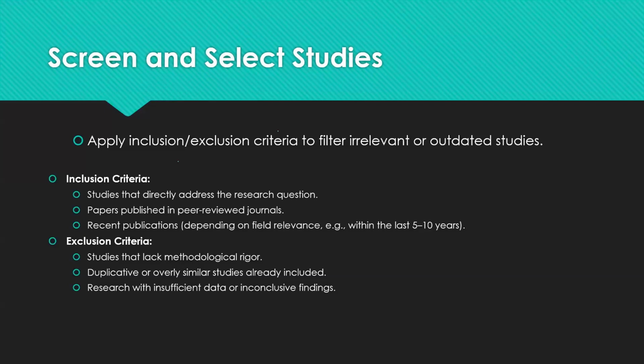This mainly talks about methodological rigor, where poorly designed experiments or surveys, or studies with unreliable data, are excluded. You can also find duplicative studies or things which do not contribute additional insights to your review, and studies with insufficient data or inconclusive findings which are not relevant to your research. So that has to be avoided.